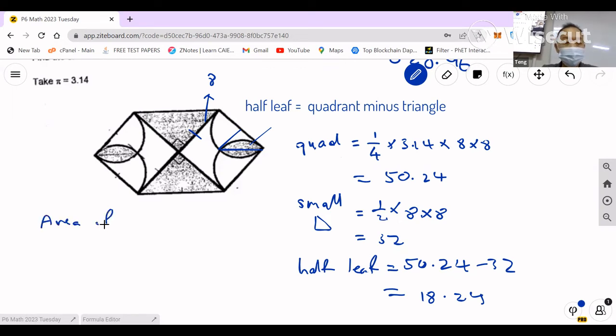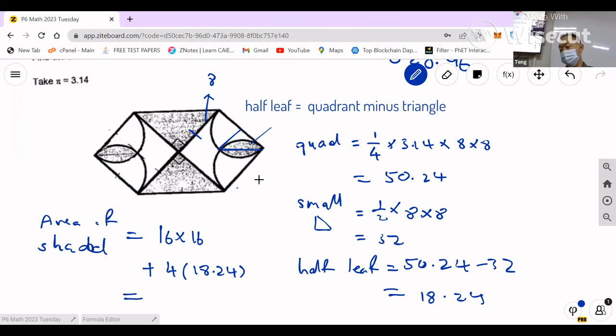So area of shaded part equals, now these 2 triangles are actually a square, so 16 times 16, then plus 4 times the half leaf, 18.24. Okay, let's see if I get their answer. 16 times 16 plus 4 times 18.24. Yeah, we got 328.96. Exactly what it is.